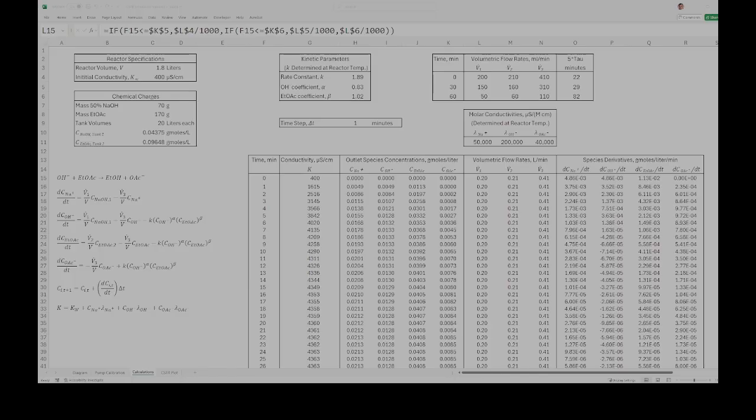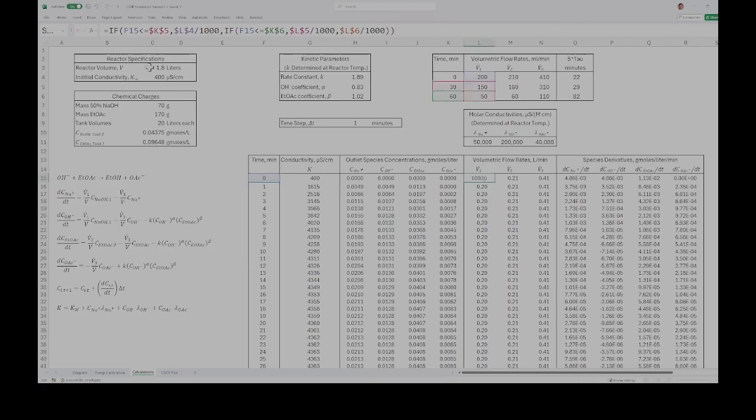My volumetric flow rates, V.1 and V.2, change with time because we're going to use these settings here. And so I need to find a way of calculating what those are when we reach a certain time. I want it to change when we reach 30 minutes to change it to 150. And then at 60 minutes, change to 50. And we can do that using an if statement.